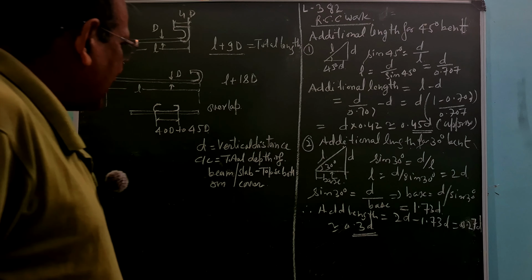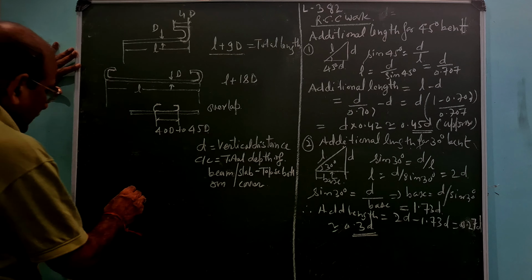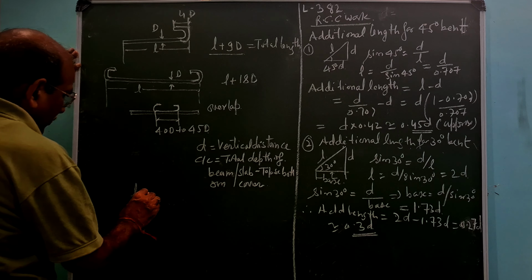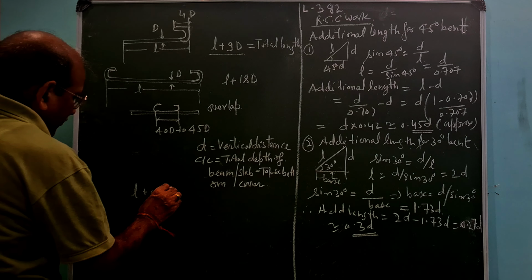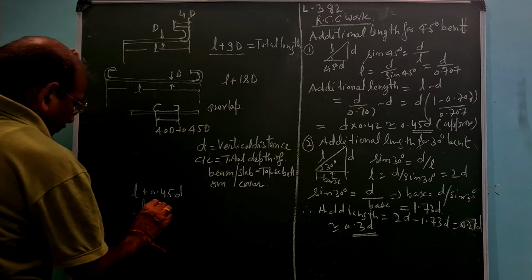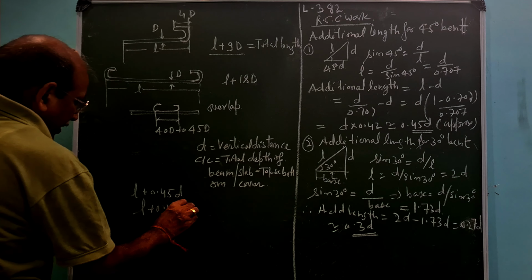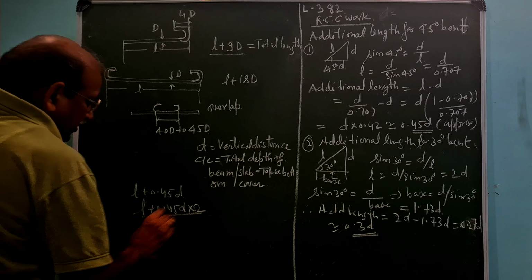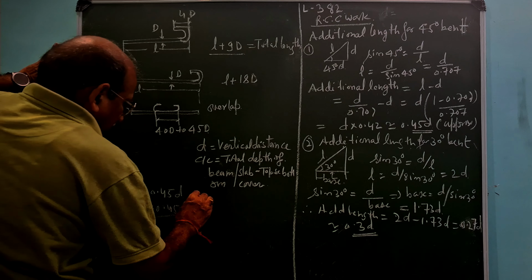So the extra length taken in L will be L plus 0.45D if one bend. If two bends, L plus 0.45D into 2.